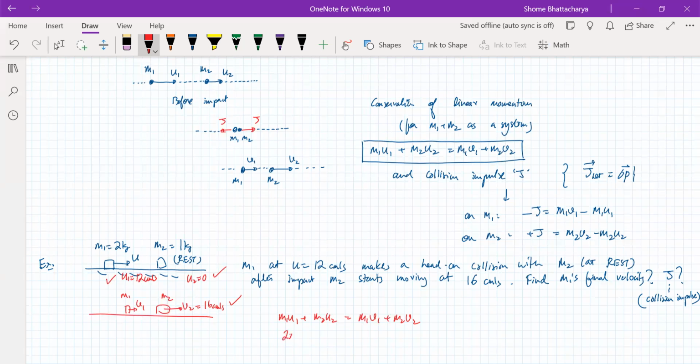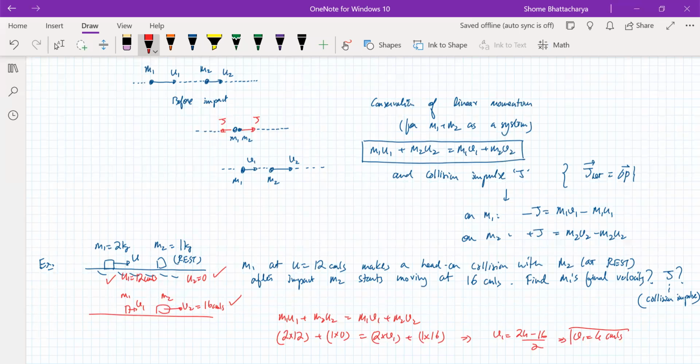So 2 into 12 plus 1 into 0 is equal to 2 into v1 plus 1 kg multiplied by 16. So from this we can see that our v1 is (24 minus 16) by 2, or our v1 is 4 centimeters per second.